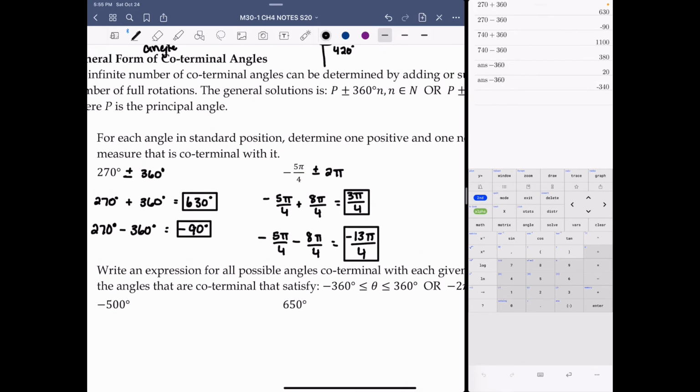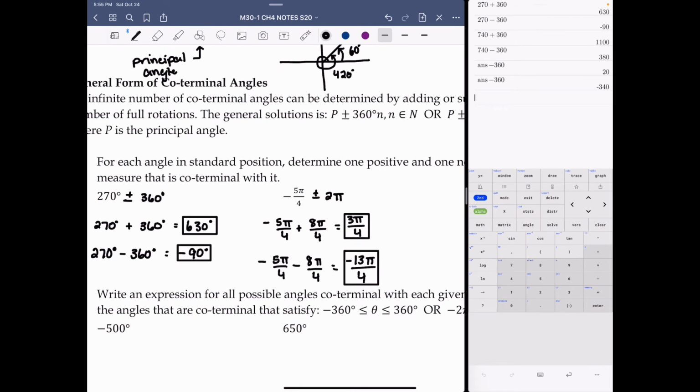Taking a look at the general form of coterminal angles, we write them as P, the principal angle, plus minus 360 degrees n, where n is an element of the natural numbers.